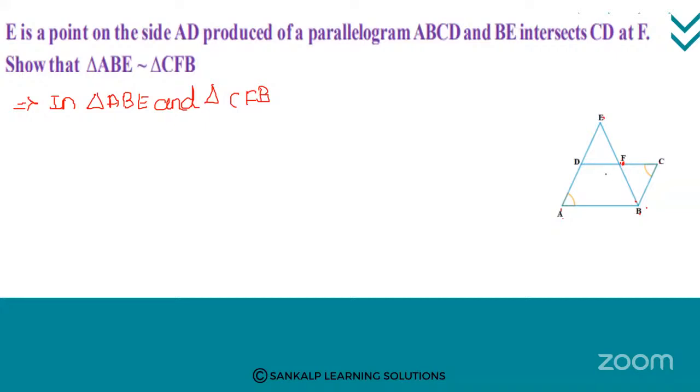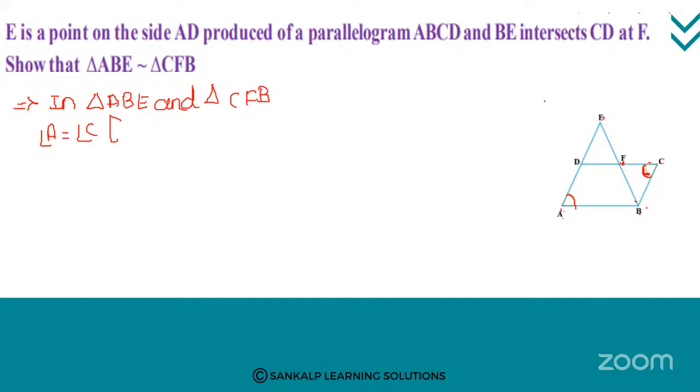Okay, here angle A is equal to angle C. Here one angle is there. That means A is equal to C, these two angles are equal. These two are opposite angles of a parallelogram.